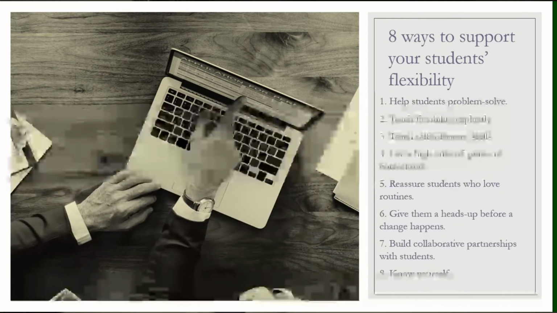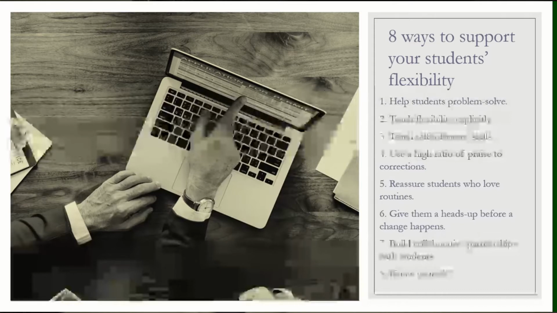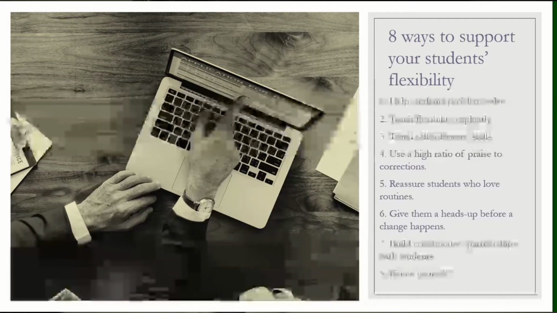Number 2 is teach flexibility. For many students, including students on the autism spectrum, for example, the benefits of flexibility aren't immediately clear. Shine a bright light on how and why flexibility works by teaching it in everyday lessons. So what are you going to do? You have to tell your students, I wanted to use the overhead projector, for example, to show you this worksheet.